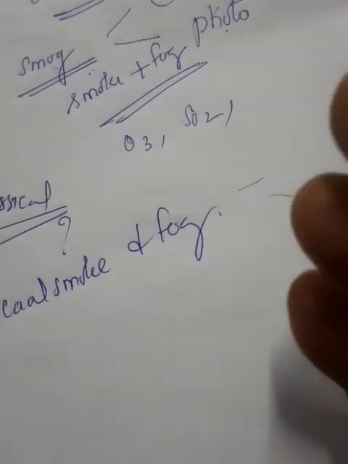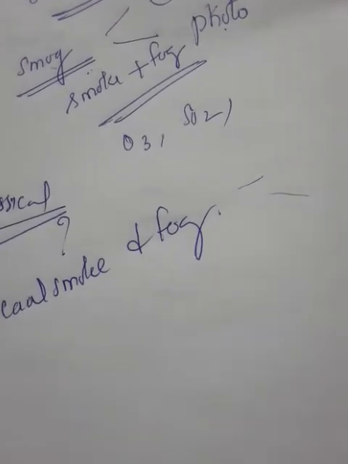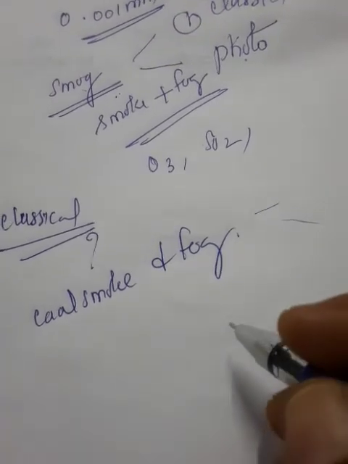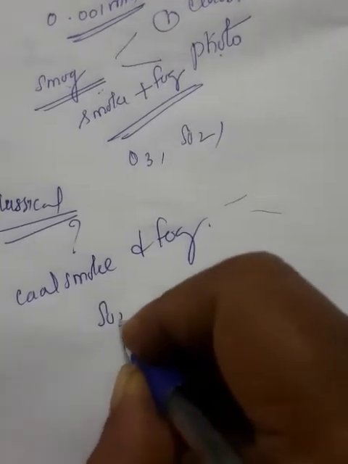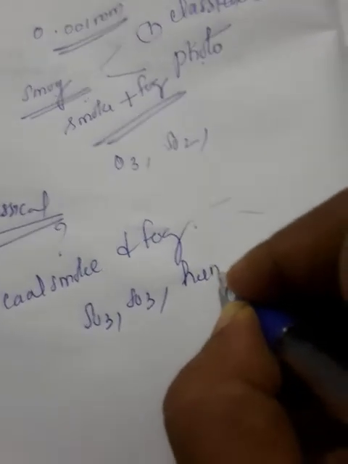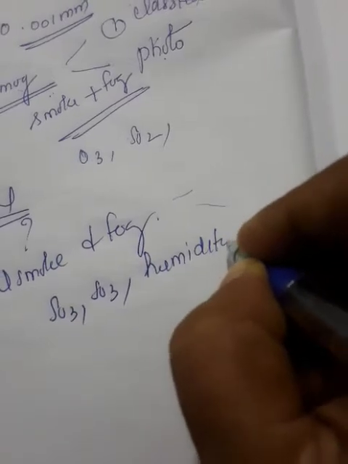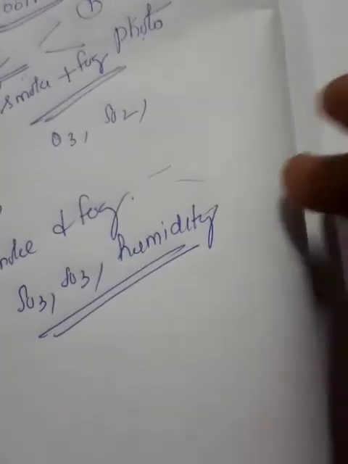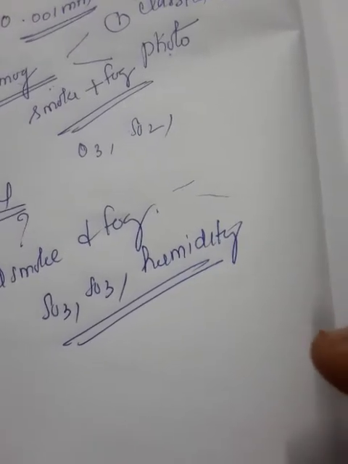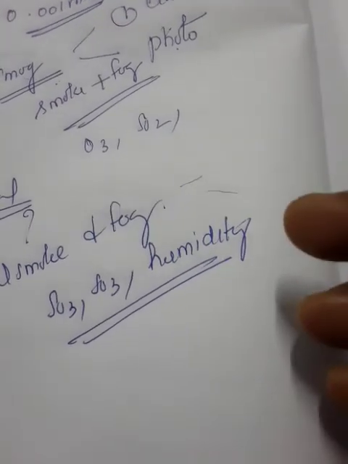This atmospheric fog is found in many large cities. The chemical composition is the mixture of SO2, sulfur dioxide, sulfur trioxide, and humidity. These are all present. It generally occurs in the morning and becomes worse when the sun rises.